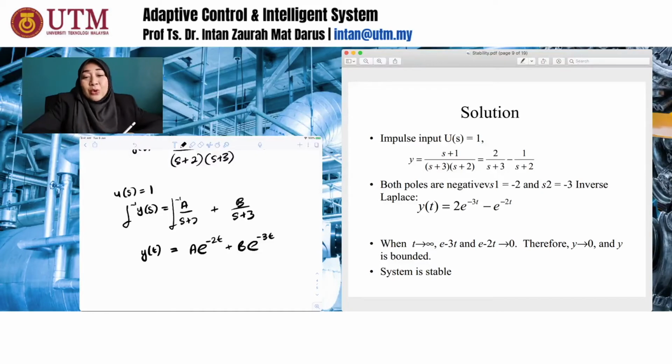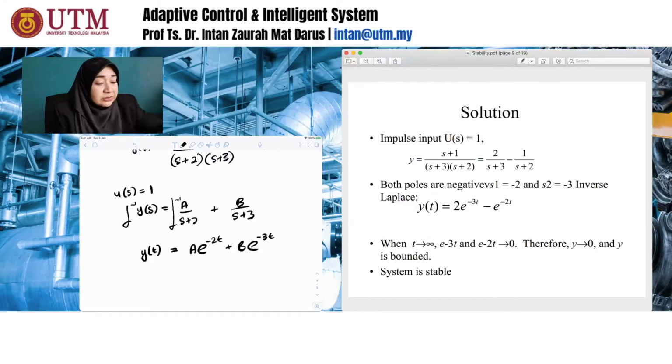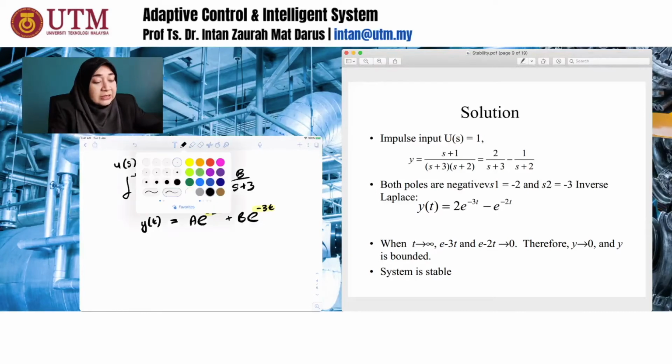So what happens when the system is unstable? If you look at this equation, the stability is determined by that part here, the negative exponential of the system. What if, instead of a negative exponential, it is a positive exponential?